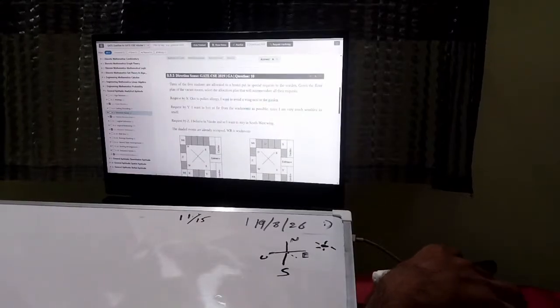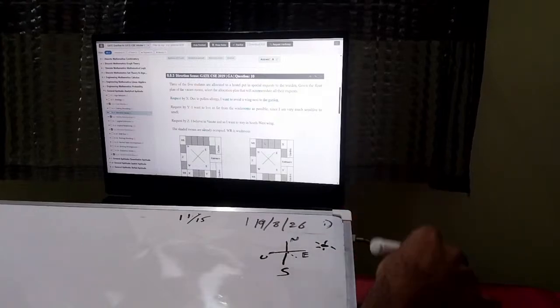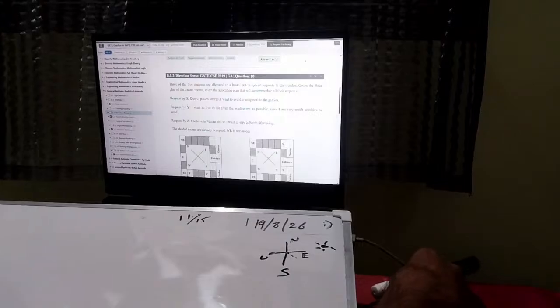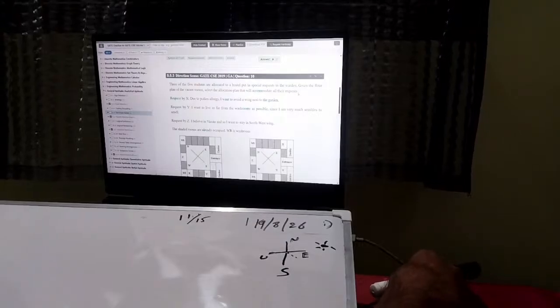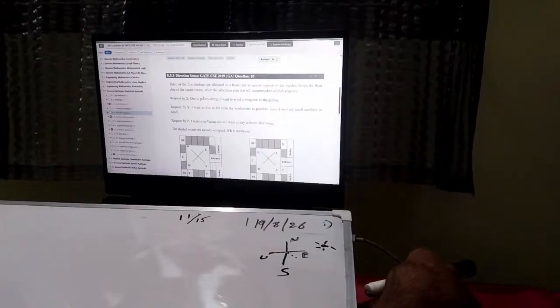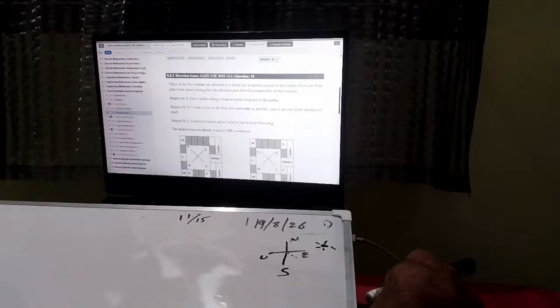Three of the 5 students are allocated to the hostel. They put in special requests to the warden. They are requesting the warden to give special rooms to 5 students, given the floor plan with vacant rooms.